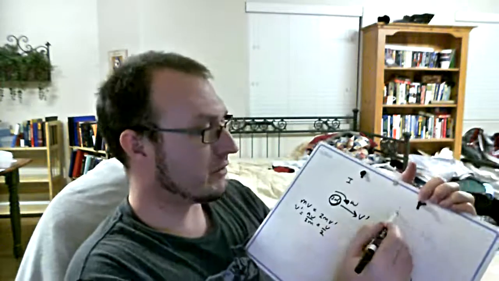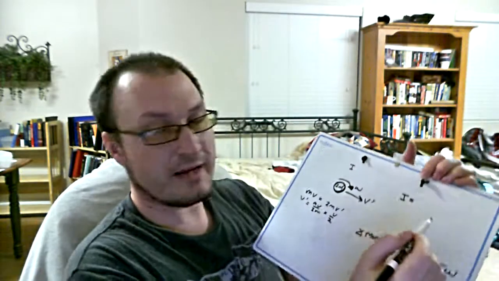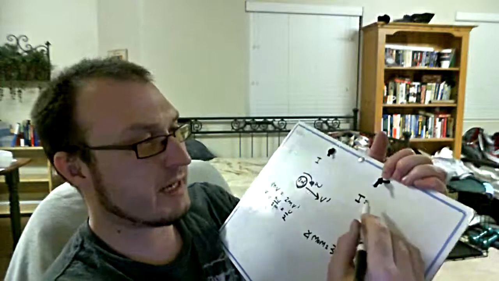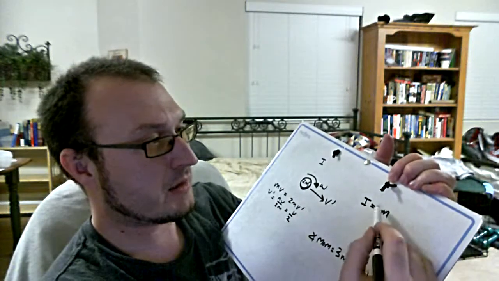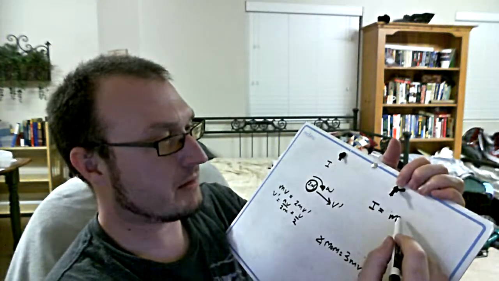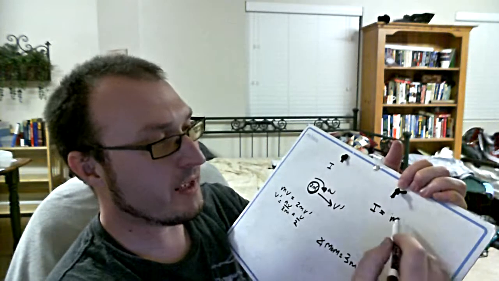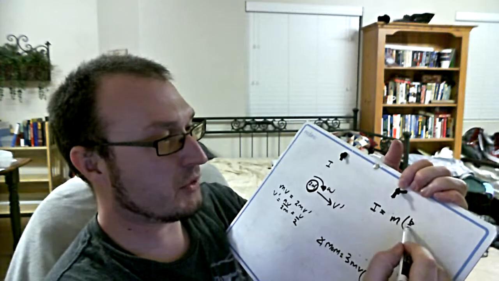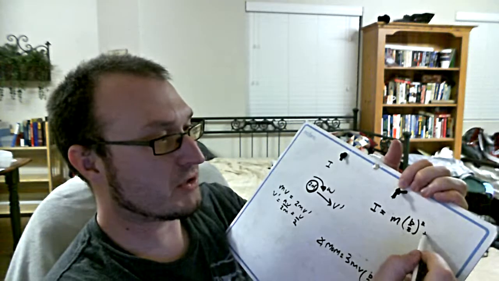In our problem, we just have those 2 particles and they're the same. They are m. They each add a value of m times b over 2 squared. So I would just get 2 of those.